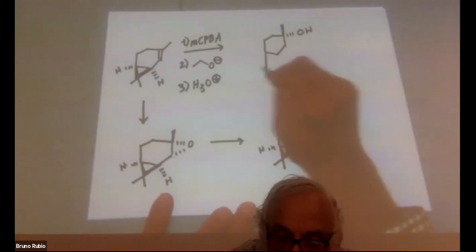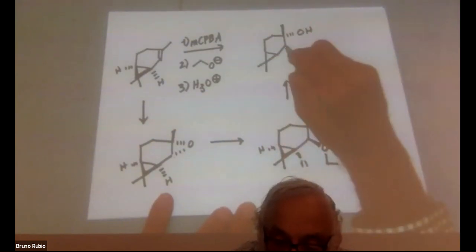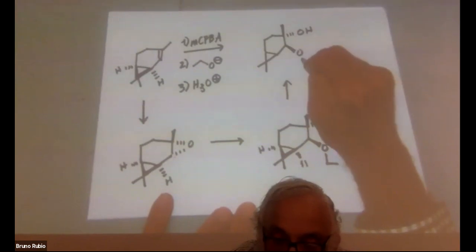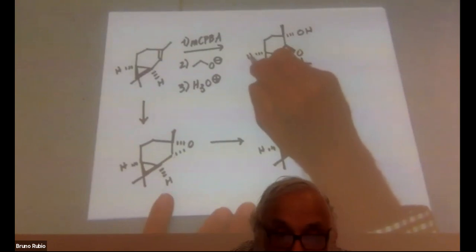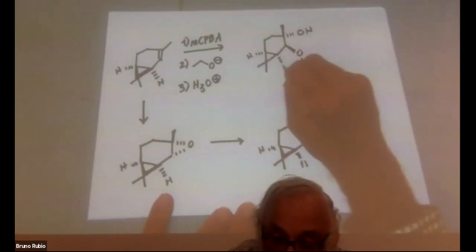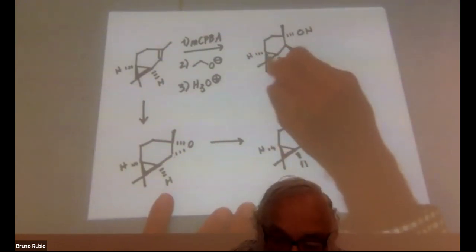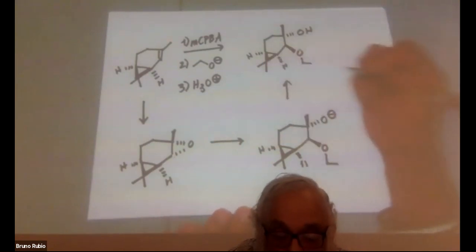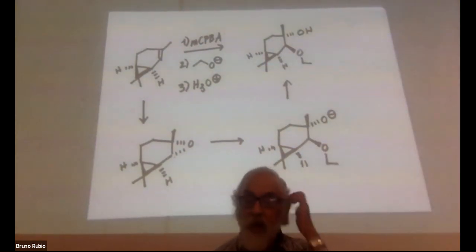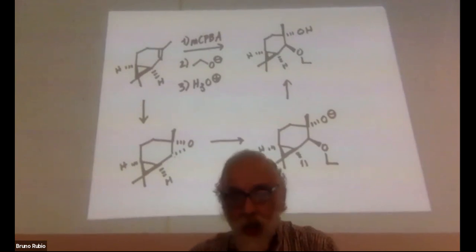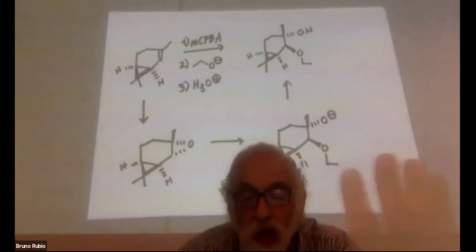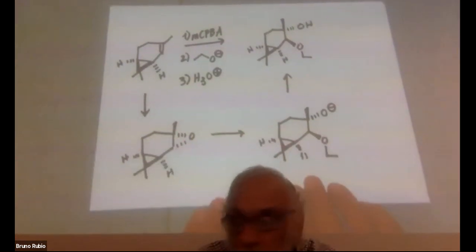And so now finally and at last, and notice I did this whole problem just based on bullet points. If I had to write out the mechanism for each of these steps, I could have done that. But I got to the final product just keeping in mind what I like to present as bullet points for the reaction.